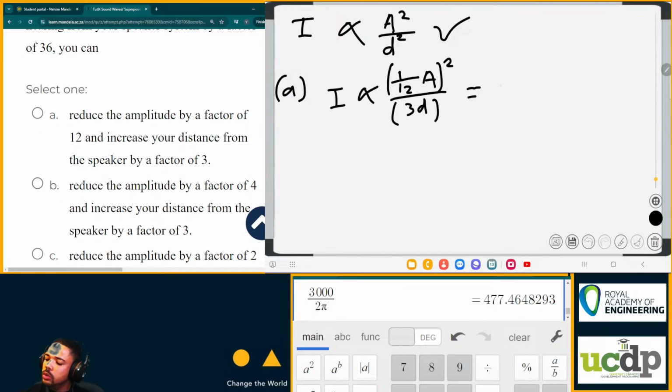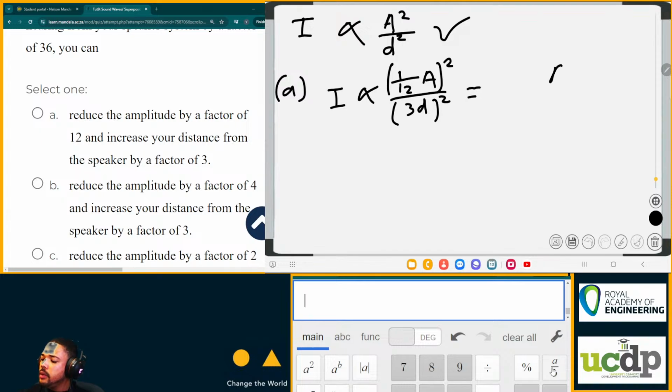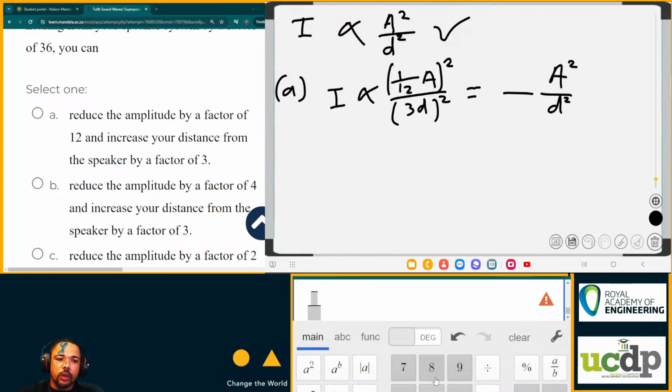It will be a squared over d squared still, but what is going to be in front? It's going to be 1 over 12 squared over 9.